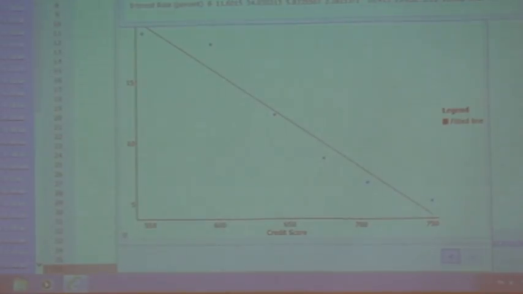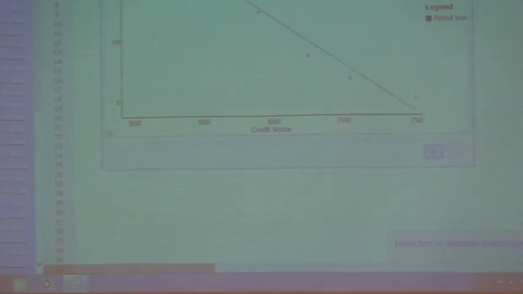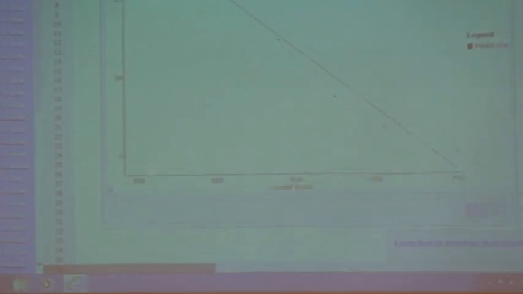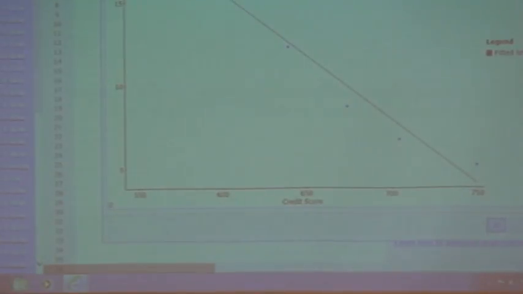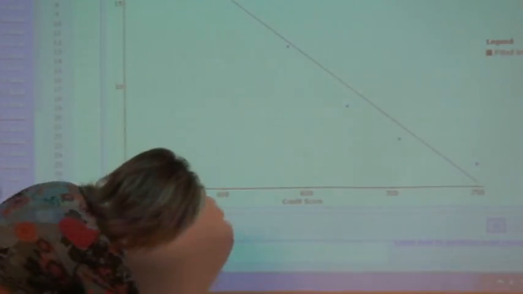Okay, so the mean interest rate here is 11.6. I just found that with the summary statistics. Okay, so let's talk about that with respect to the errors and the line and all this happy stuff.